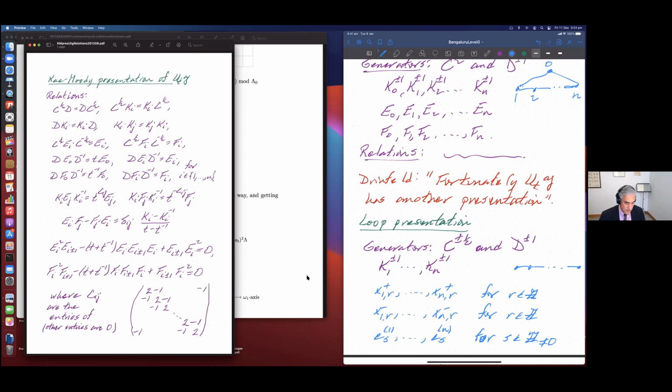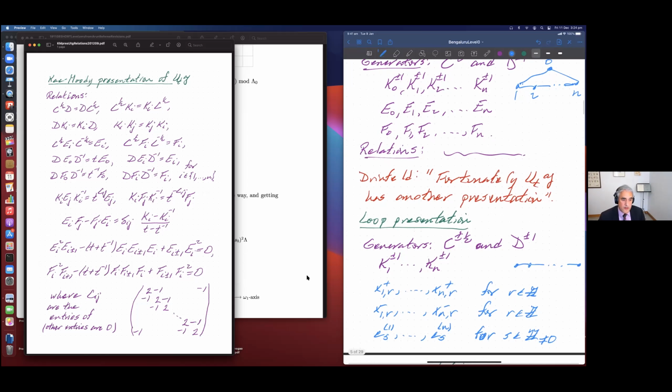Okay, so these are the generators for the loop presentation. Before, as you can see above here, I had 3 times (n plus 1) plus 2 generators. And now I have 3n times infinity plus n plus 2 generators. So I have many, many, many more generators.